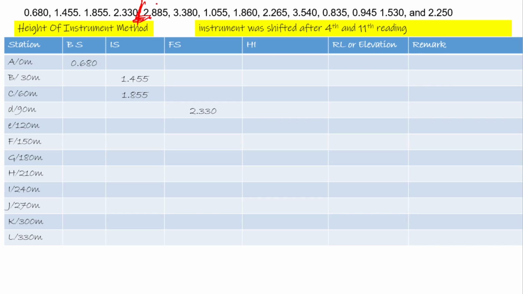So it will be your backside reading for the second setup, and it will be your foresight reading for the second setup, and these are your intermediate sight readings. So again we start from here: the backside reading, then intermediate, and then the foresight reading. We are following this sequence, and it is your entry.